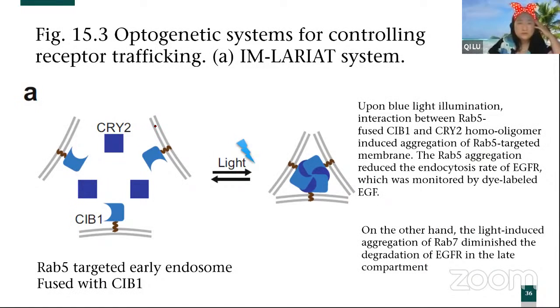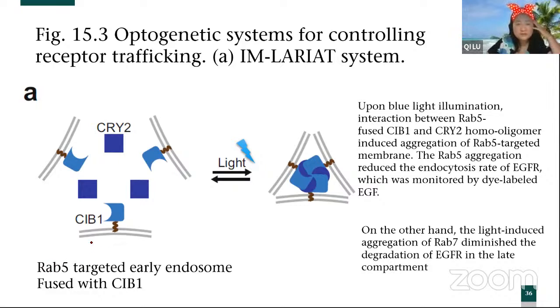The authors also discuss the optogenetic system for controlling receptor trafficking. This is like a lysosome, endosome, some small vesicles within the cells.